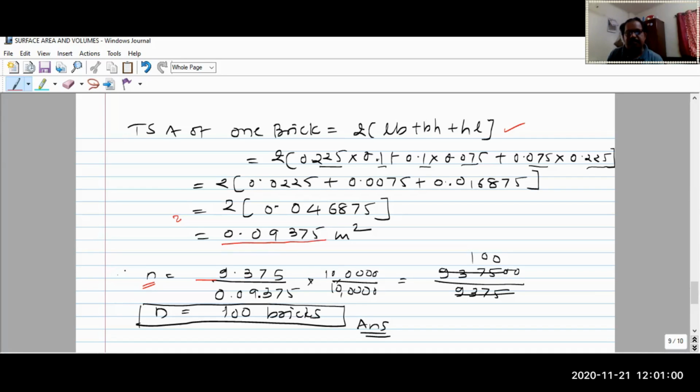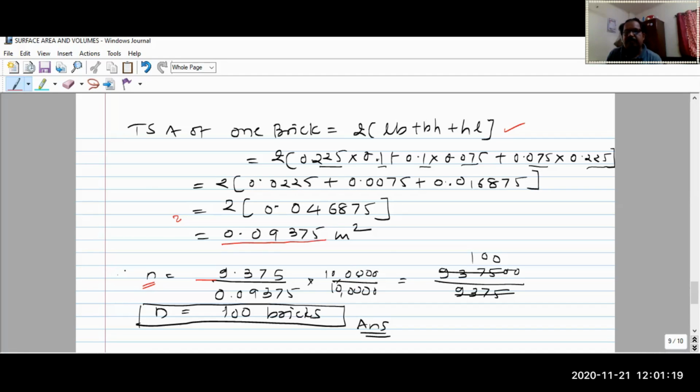Here the maximum number of digits after the decimal is 5, 1, 2, 3, 4, 5, and in the numerator we have only 3. So we need to multiply by the multiple of 10 which has 5 zeros after it. So how much will it be? It will obviously be 1 lakh.